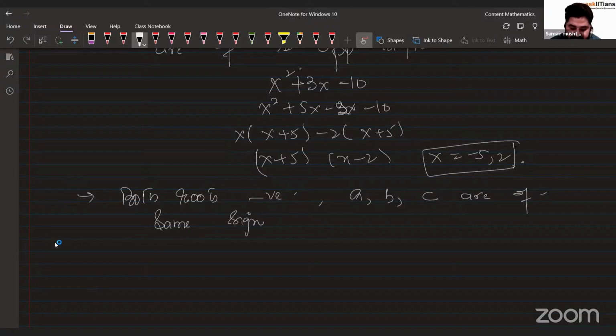If A, B, C, all of them are of the same sign, then we can say roots are negative. See, we can use this for objective level questions. Isn't it? We can use it.